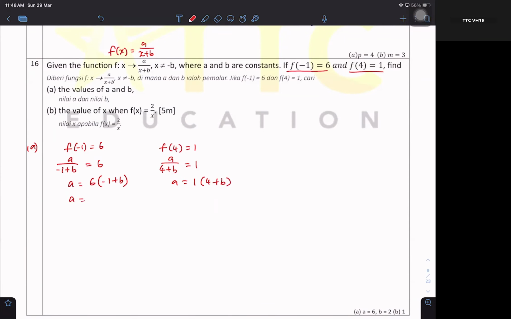Then of course you expand. Then from here, you can do substitution to find out the unknowns. You see, a equals to this, right? Sub.